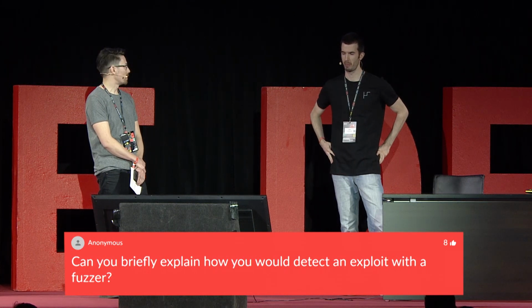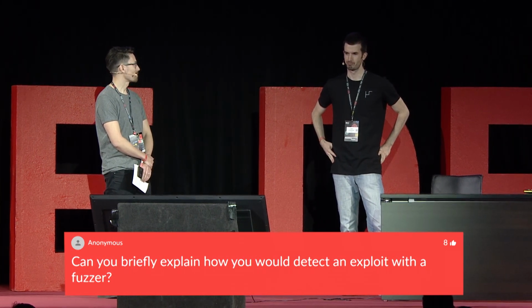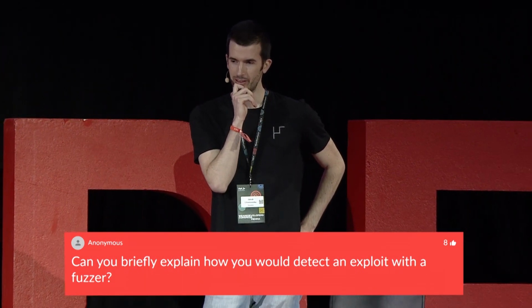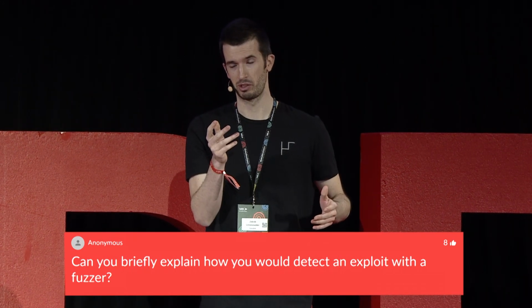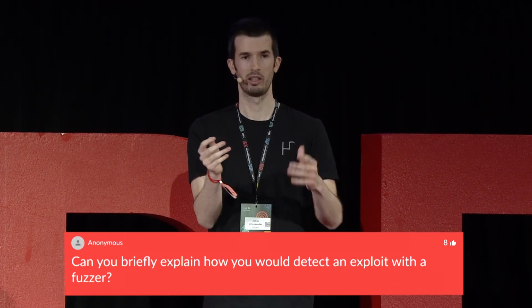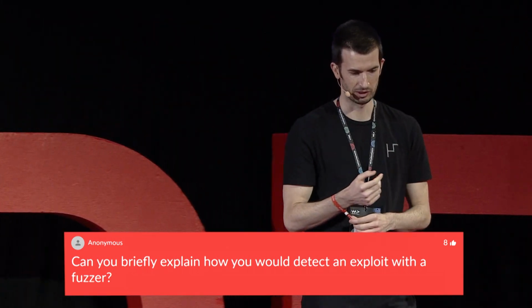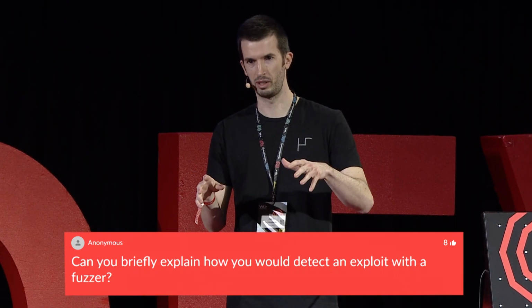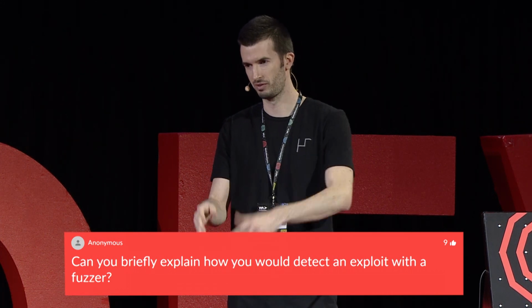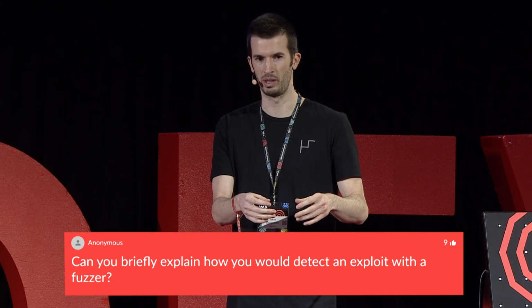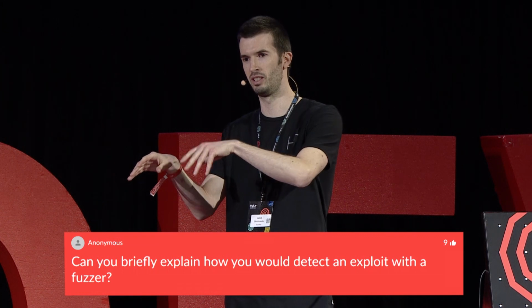Can you briefly explain how you would detect an exploit with the fuzzer? As I said, for example, do you remember Heartbleed, the bug that was there 4 years ago, the OpenSSL issue? After this bug was found, someone later tried to fuzz this library, and he was successful.